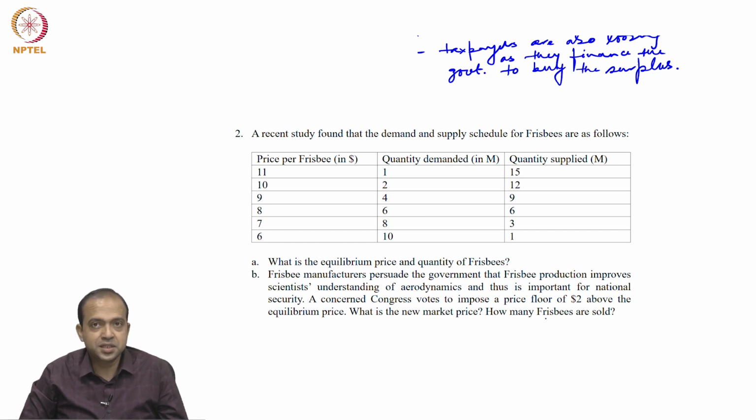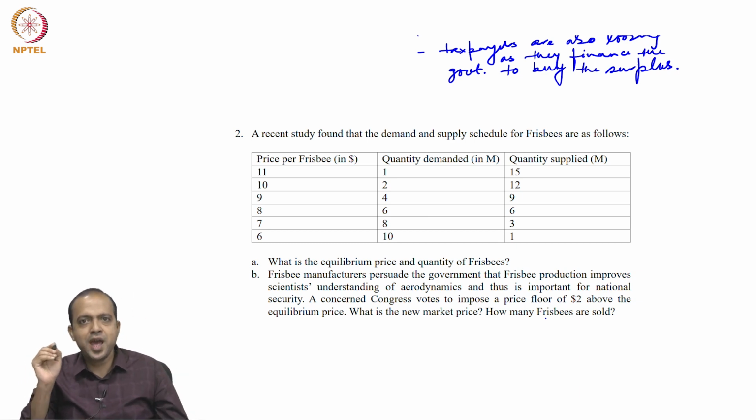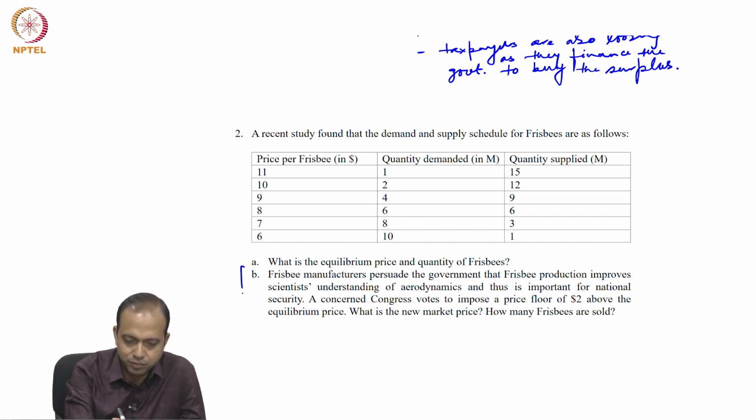From this schedule you need to understand what the equilibrium price and quantity are. Equilibrium, as we have learned, is also known as market clearing. That means, at that price, quantity demanded and quantity sold should be the same.